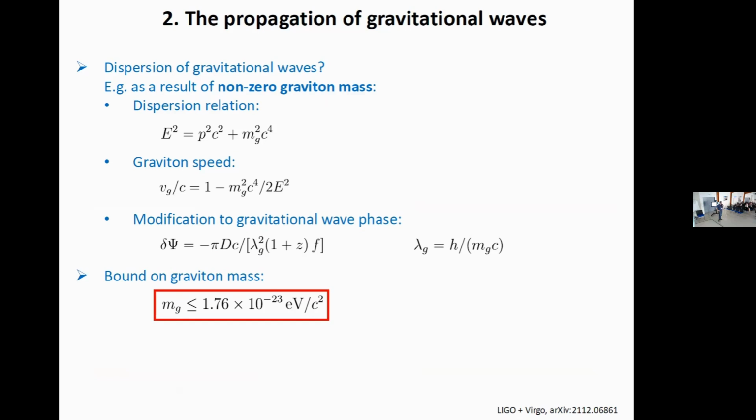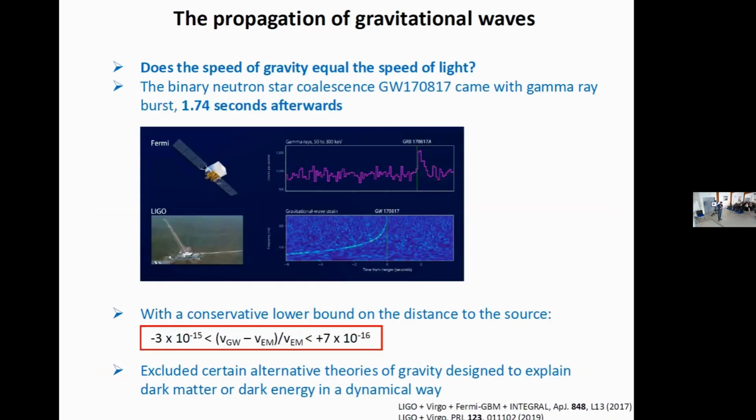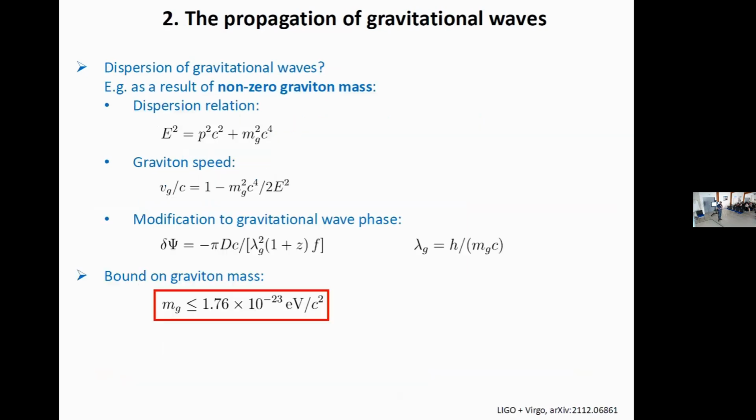No, I don't quite see how, unless you also see the electromagnetic wave, as we did, of course, in the case of 170817 with the gamma ray burst. But I don't immediately see how a result that only comes from gravitational waves, looking at gravitational waves from binary black holes, how a result that only comes from gravity will translate to electromagnetism.